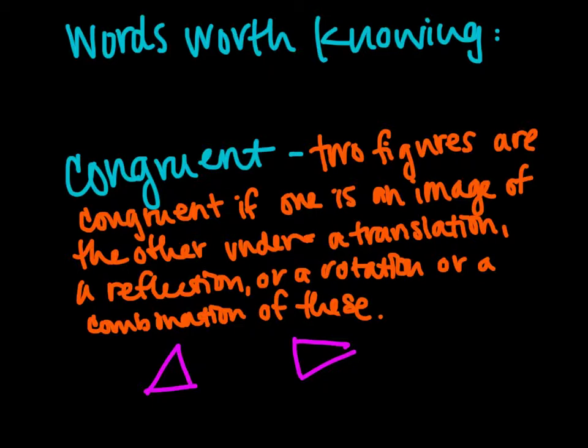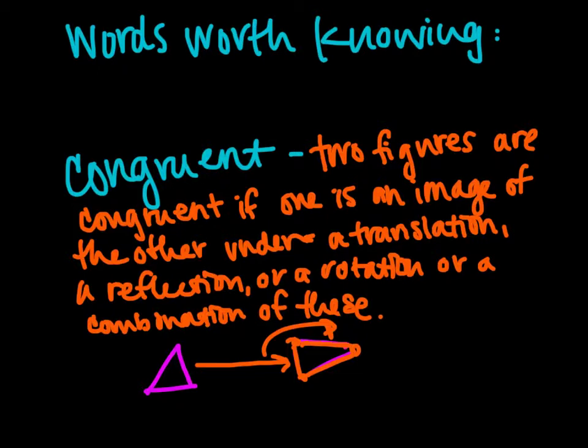They're totally not, but perhaps all we would need is to translate this triangle over and then flip it. If it were flipped, maybe those points meet exactly on top of one another, and then we have the side lengths that also meet. So that would be the concept of something being congruent to something else.